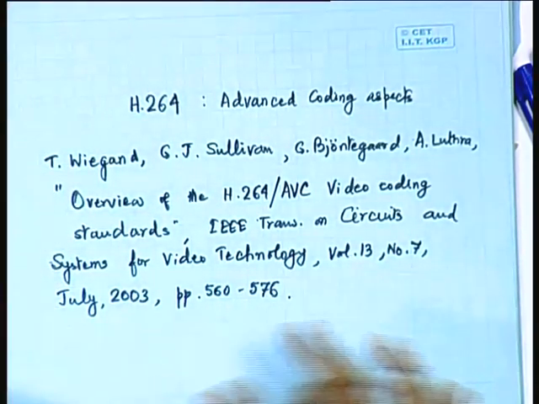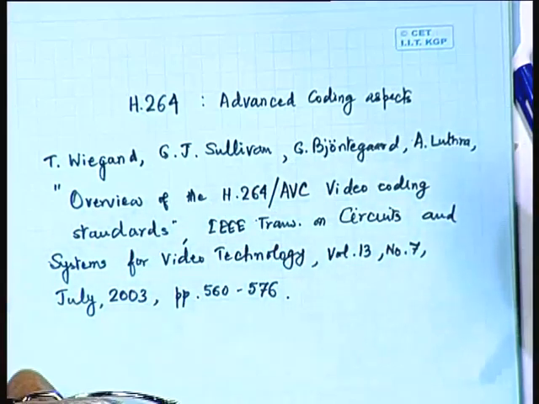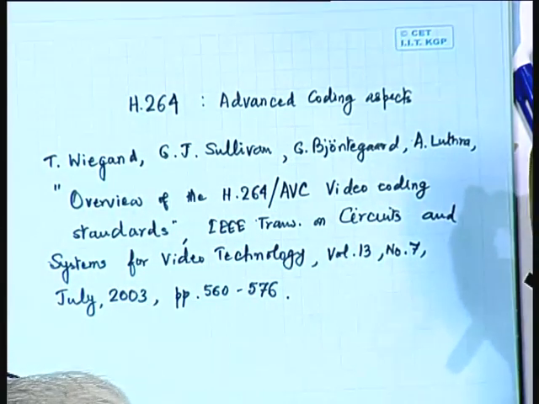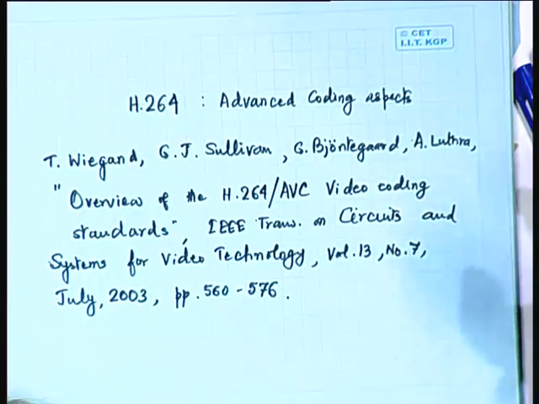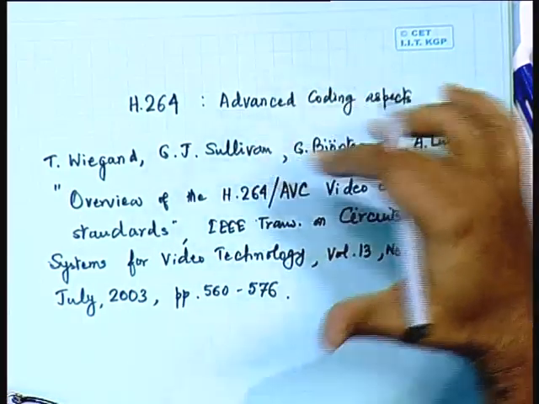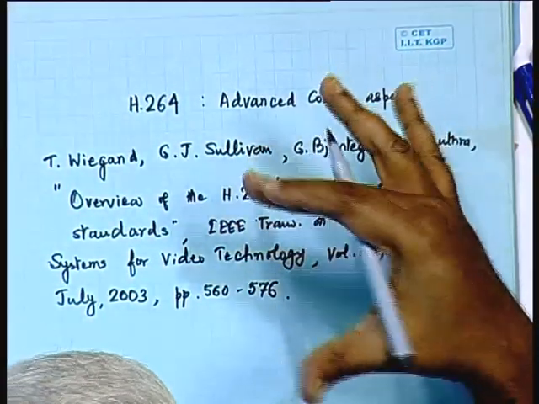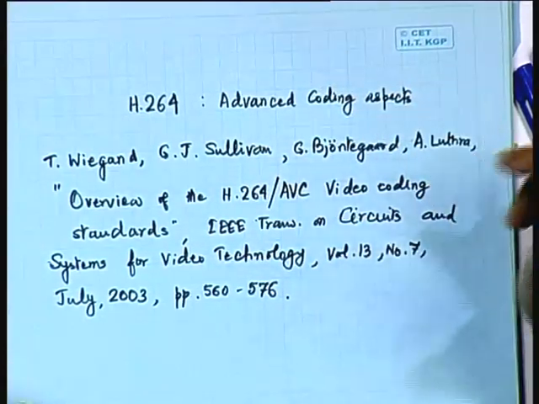This team led by Thomas Wiegand are the makers of this standard. So, they are very much in the process of designing this standard. Naturally, a tutorial paper from them is definitely a very good reference.